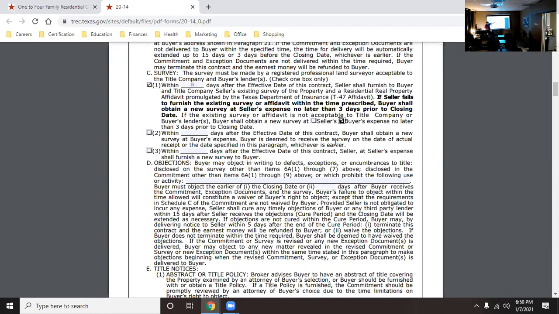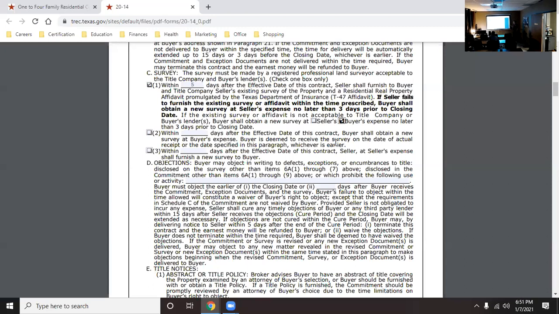But if the seller fails to furnish the existing survey or affidavit within the time prescribed, the buyer shall obtain a new survey at seller's expense no later than 3 days prior to the closing date. There's no option. Up here in the first sentence, the seller has to provide a new survey. No ifs, ands, or buts about it.